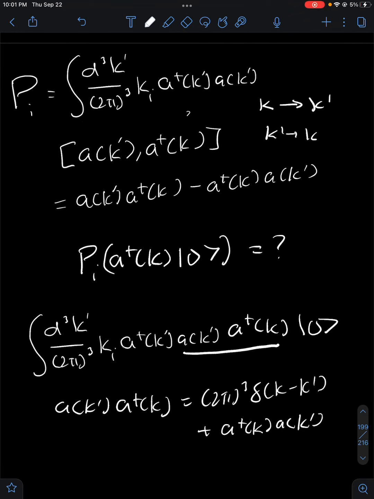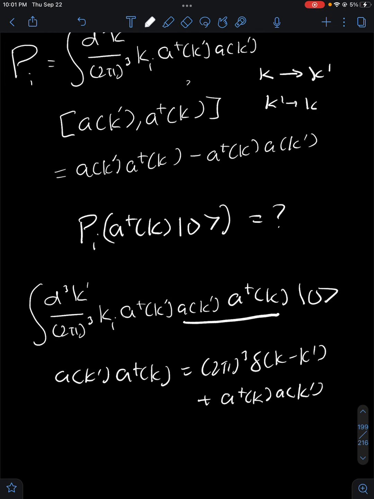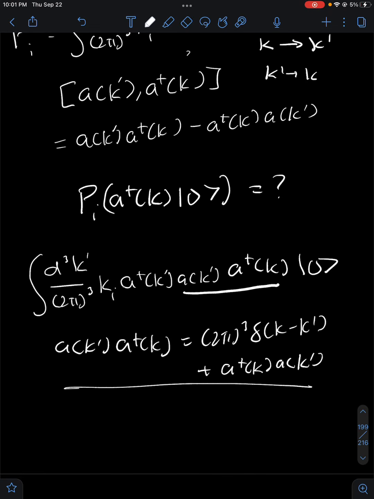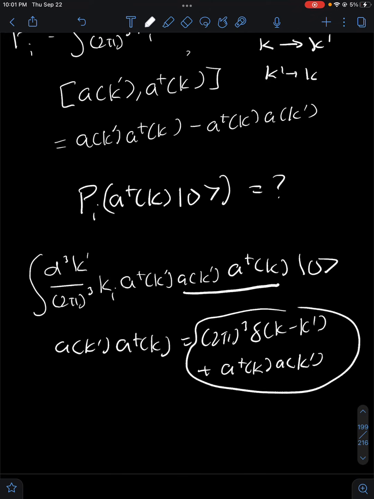We're going to use this property a lot throughout this entire series. It's very annoying, I understand, but we're going to use these commutators to shift our annihilation operators to the right, which will help us get rid of terms that we don't need. So this is a property that we know. So we can just substitute this in for this over here.